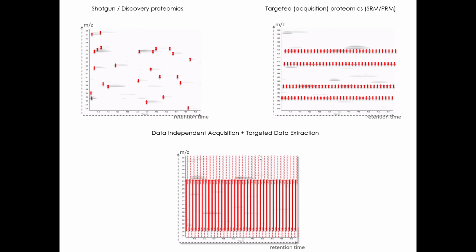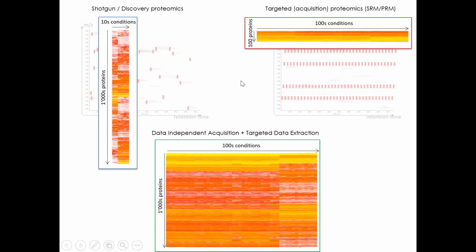From a point of view of performance, we see that the shotgun technique is very well suited and unmatched in going extremely deep into the proteome, as I showed, up to 14,000 or so proteins of a human proteome, but it comes at a cost of tens or even hundreds of runs.